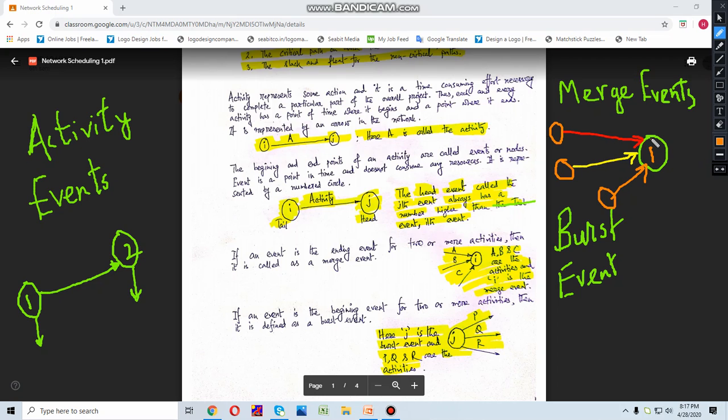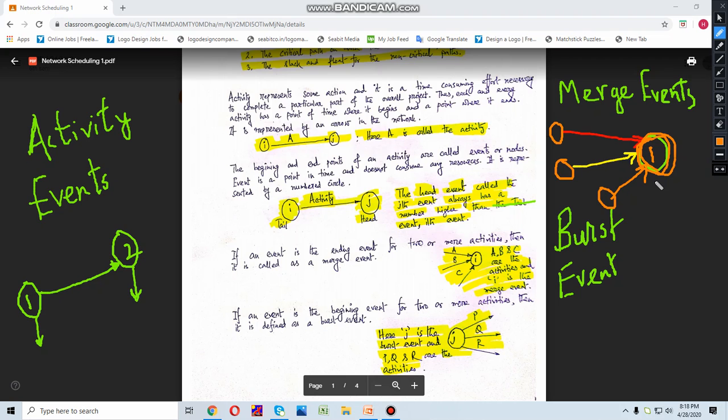So this event is called the merge event, that means where some events are getting merged.